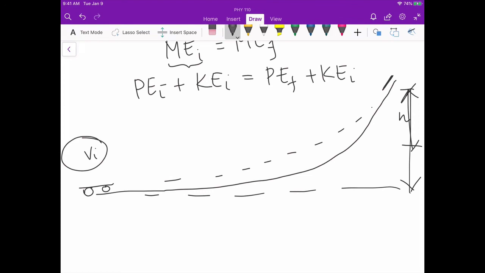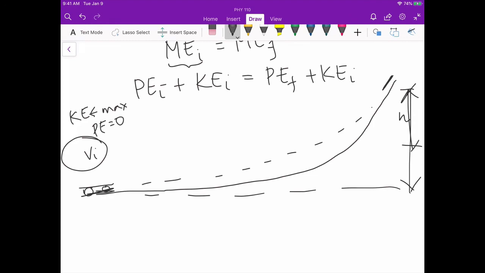This can be considered in terms of mechanical energy. When he started here, he has kinetic energy, and that kinetic energy is maximum, because as you climb up you slow down, and the potential energy is zero. Relatively, there is no height here; he's on the flat part of the park.